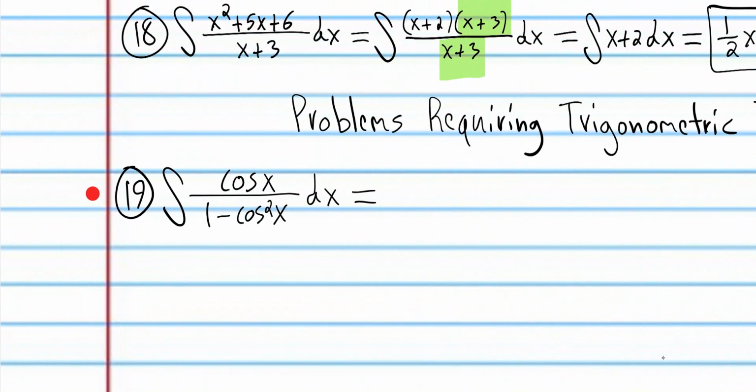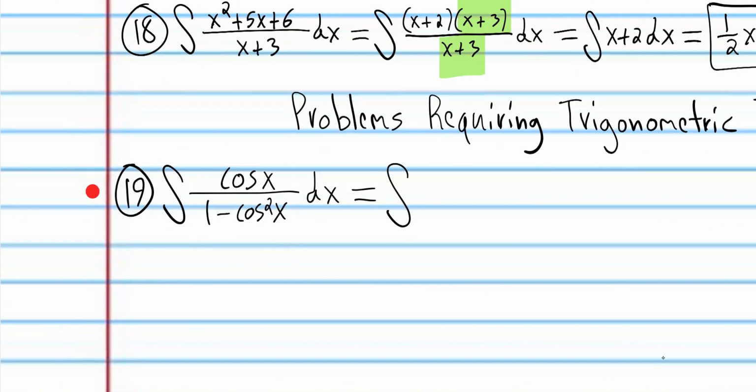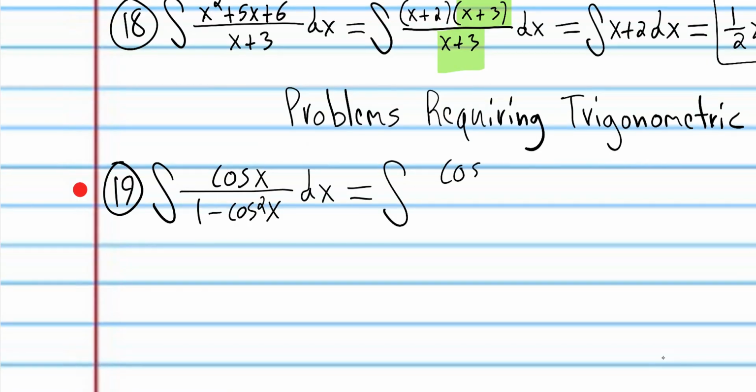So we do not know how to find the antiderivatives of that. That's just way too complicated. So what we're going to do is we're going to use trigonometric identities. 1 is equal to sine squared x plus cosine squared x.